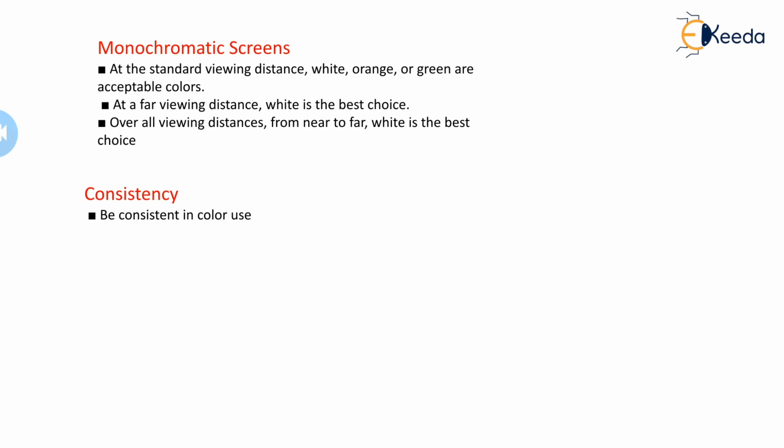A green screen yielded red or pink for 35% of screen viewers, orange blue afterimages for 25%. So the conclusion is that at standard viewing distance, no significant performance difference exists for white, orange, or green. At far viewing distance, white is the only more legible color. For all viewing distances, white is the best choice.